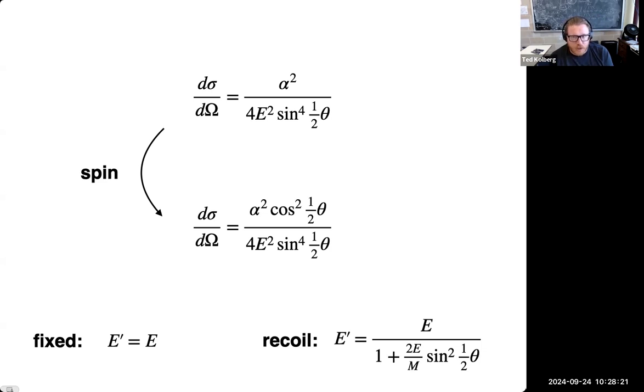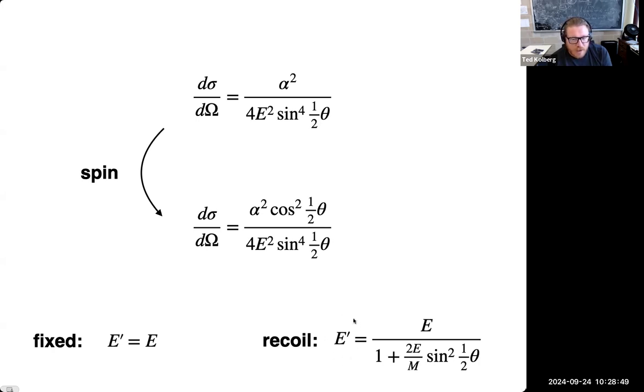That's going to be less true as we move in these experiments to higher energies, where the mass of the particle that's being probed is also going to play a role in the kinematics. So we can define what happens in the case where the target particle is actually not fixed and instead undergoes a recoil when the probed particle bounces off of it.